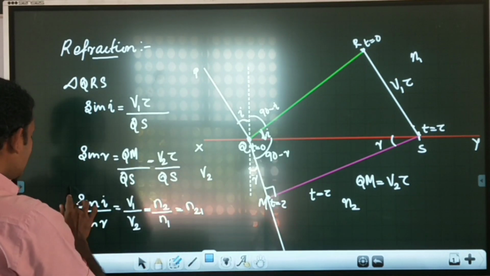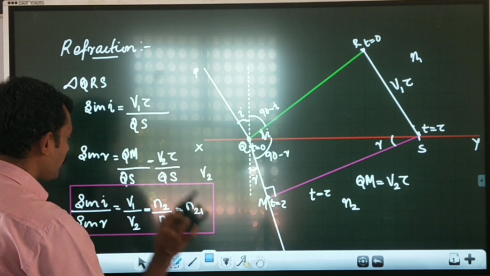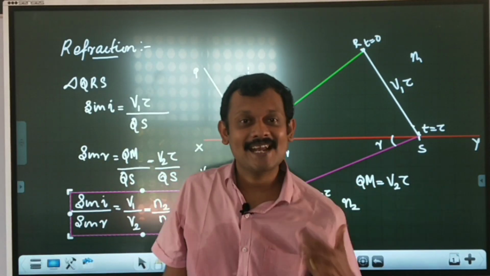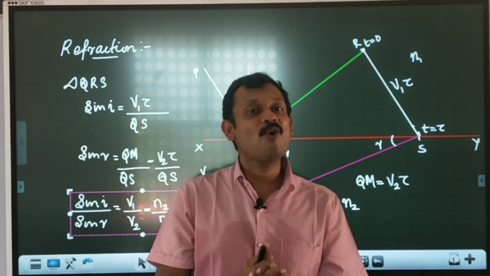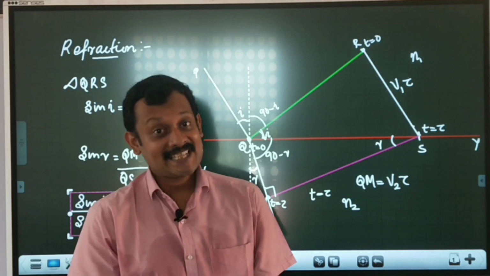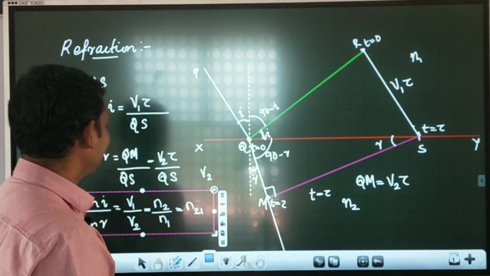And we know that this is the famous equation. This equation is Snell's law. This is the famous Snell's law, and this is how we can use wave optics to explain refraction.